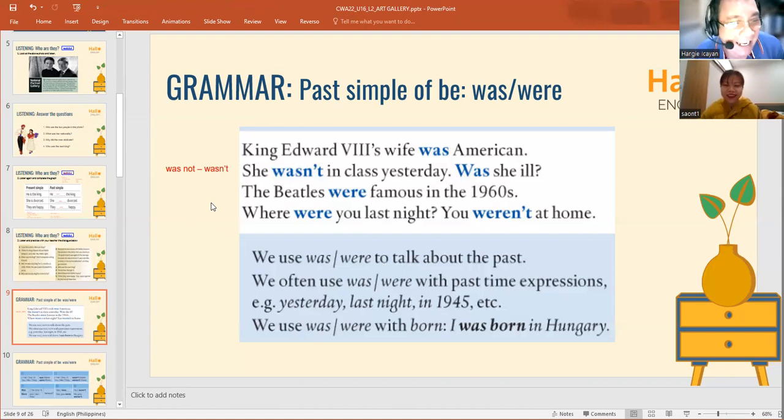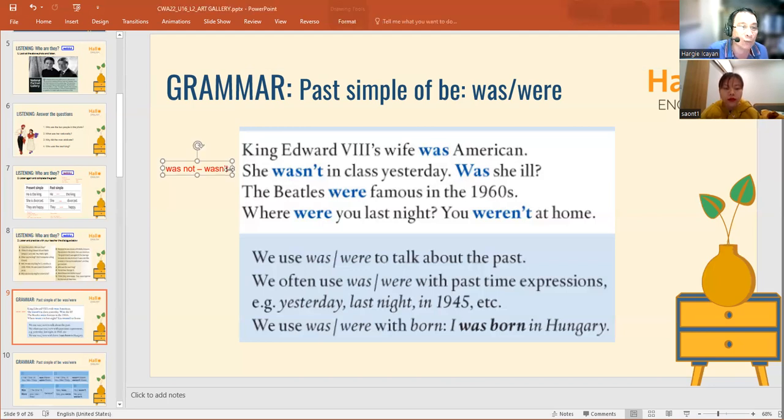Okay, now, have you seen this one? Was not, and wasn't, the opposite. We're talking of only one subject, so that would be she. That's why we need to use was not.